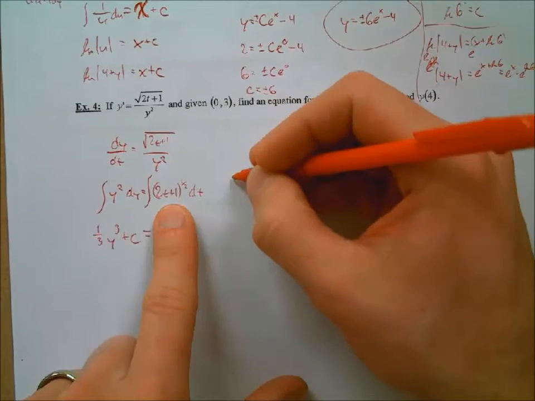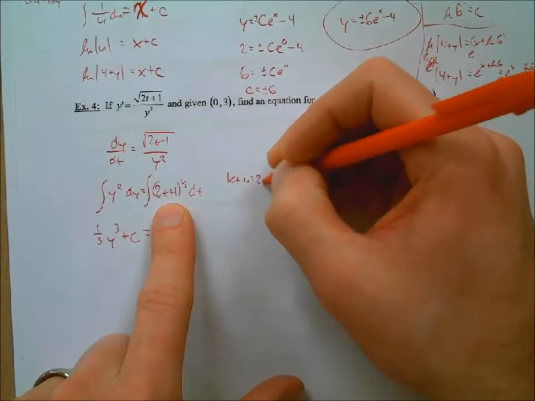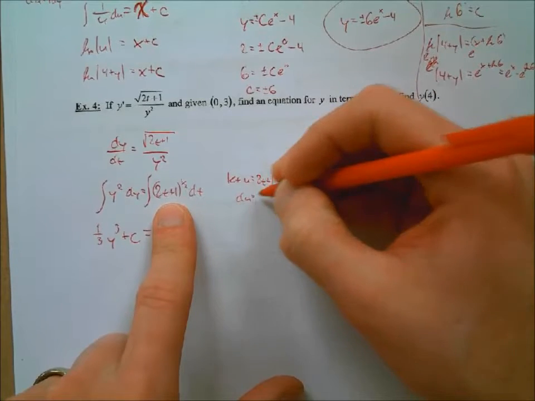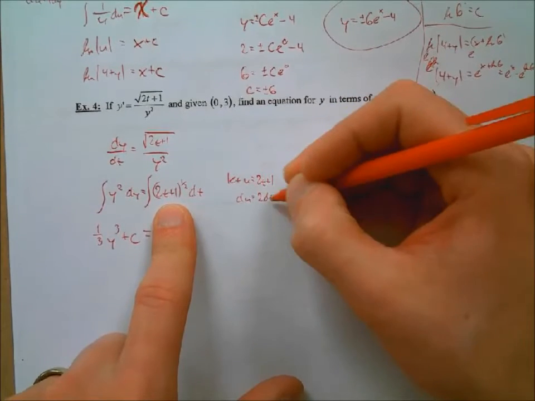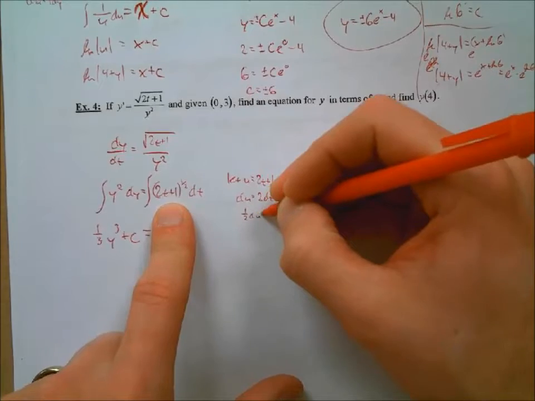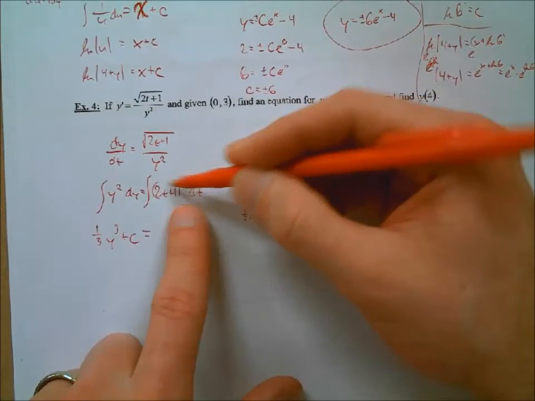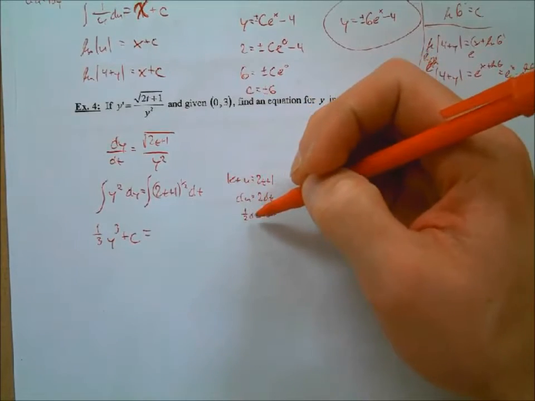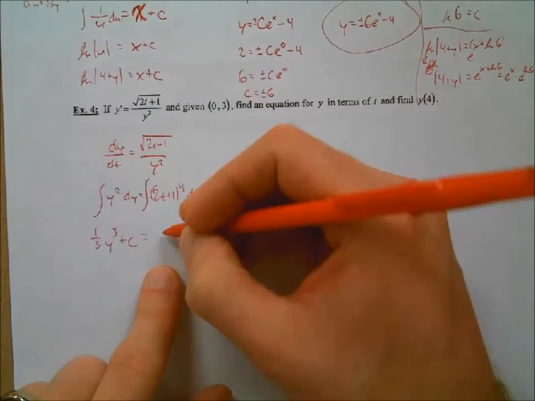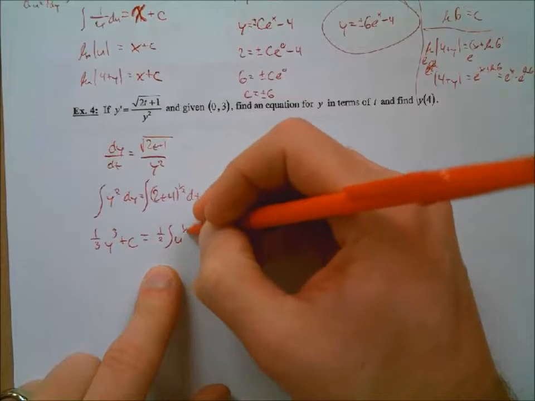All right, let u equal 2t plus 1. So du equals 2 dt, and then 1/2 du equals dt, because again, we don't have a 2 dt, we just have a dt there. So I need to make it 1/2 du equal to dt. And so this becomes then 1/2 integral u to the 1/2 du.